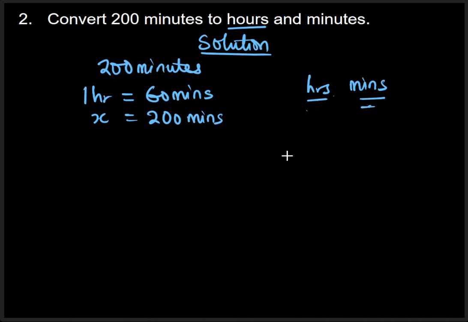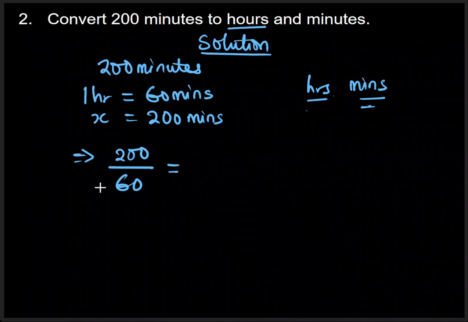So we take our division. So this implies 200 all over 60. Now in this case, what I advise is you don't reduce to lowest term. You use 60 to divide. We don't reduce to lowest term.